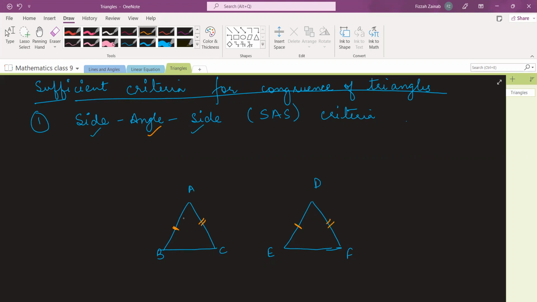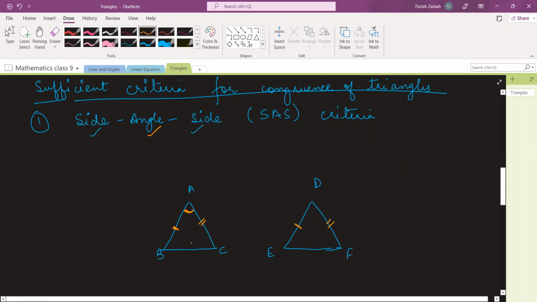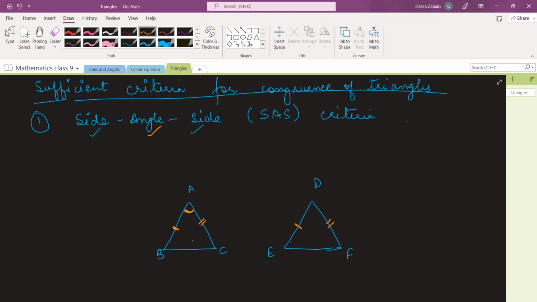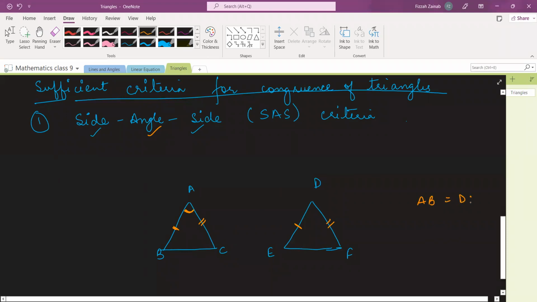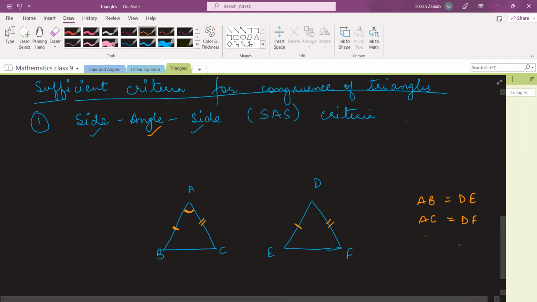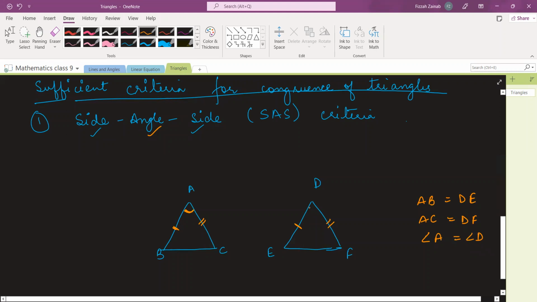Now the angle which is falling in the middle, this angle you have to consider. Understood? Not angle B, not angle C. So basically, in two triangles, my side AB is equal to DE, and my side AC is equal to DF. Then if angle A is also equal to angle D, I'm not bothered about the other angles.